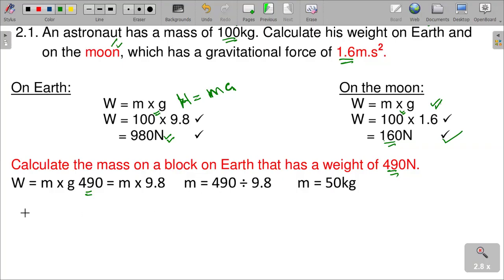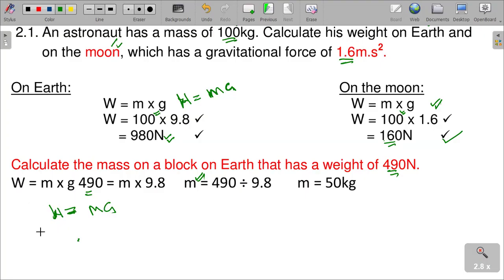Class, take note here. Don't make mistakes in this question, because what you are asked to calculate is m. Let me rephrase it. Weight is equal to mg.